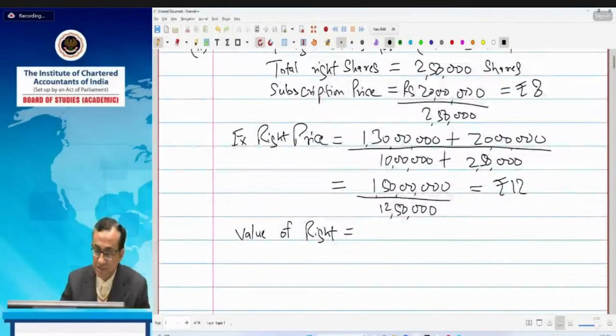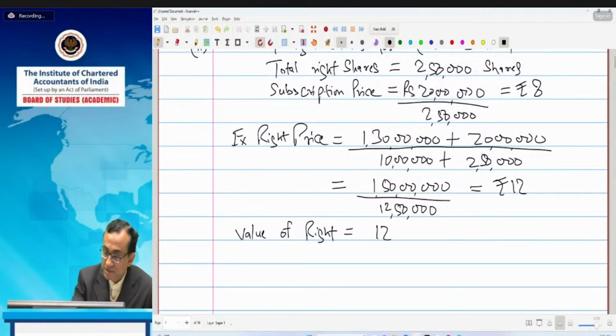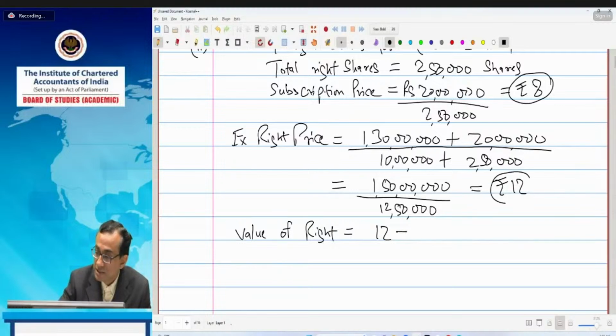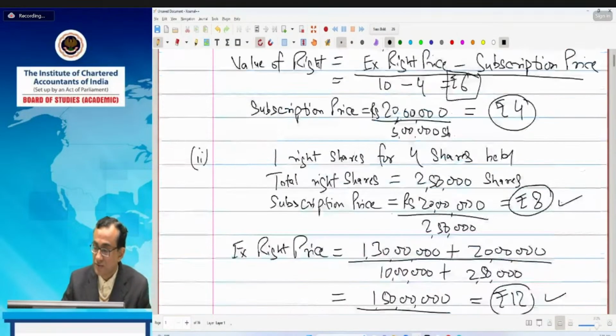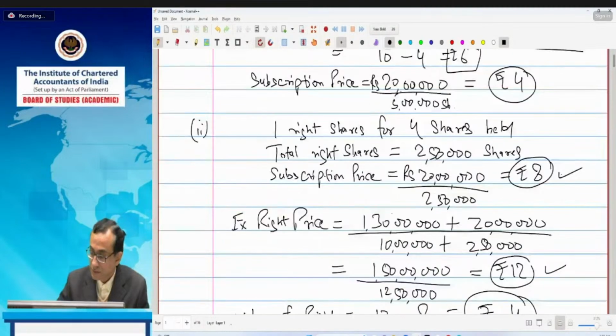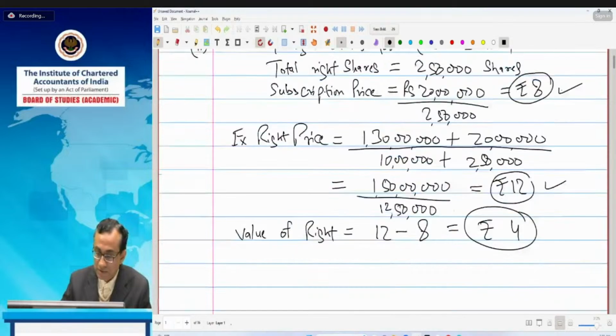So what is the X right price? It is 12. We have just calculated. And the subscription price we have also calculated. This is the X right price and this is the subscription price. So 12 minus 8 is equal to rupees 4. So rupees 4 is the value of right.